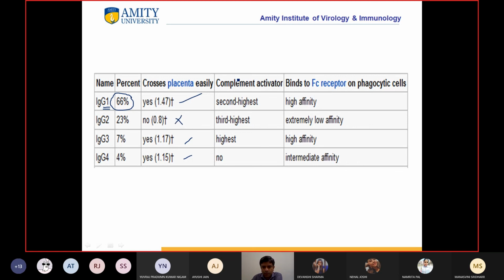Complement activation: I just told you that IgG3 is the best activator, followed by IgG1 and IgG2, but IgG4 cannot activate the complement system. And with respect to binding affinity with the FC receptors, IgG1 and IgG3 have high affinity. So I think you just need to remember this much about IgG.